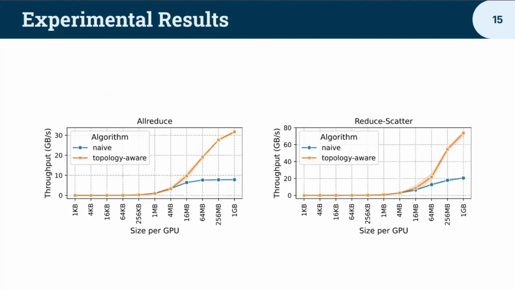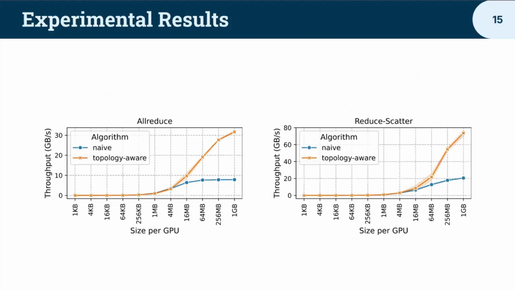Okay, so here we are running those collective algorithms. These two graphs are 64 GPUs, and we are changing the size of the data that we are operating on. And we can see that for small input sizes, it's more or less the same. But as we get larger and larger buffers, a gap appears, and we can see the benefits of using our specialized algorithm.